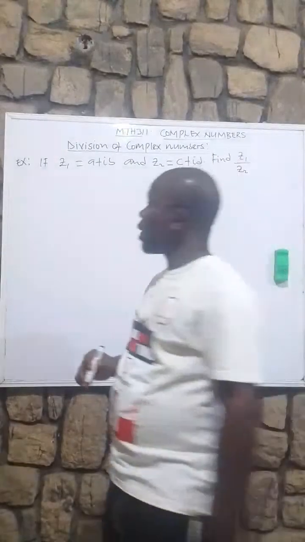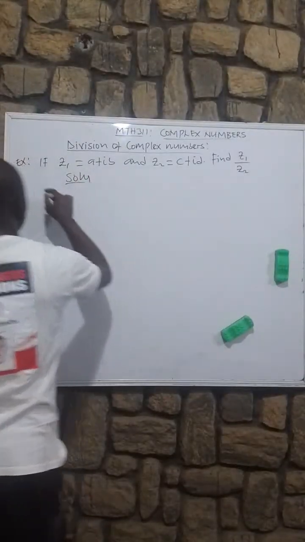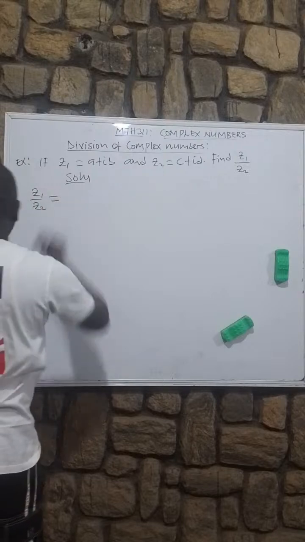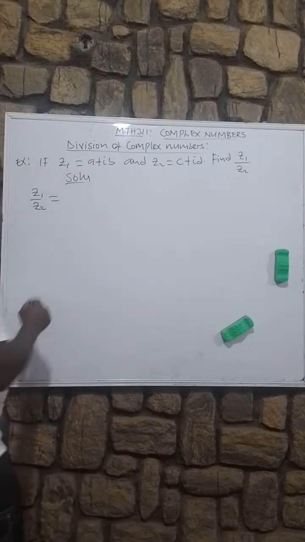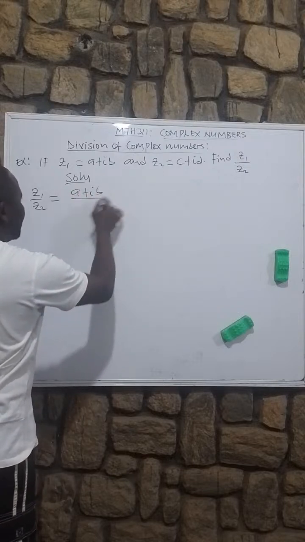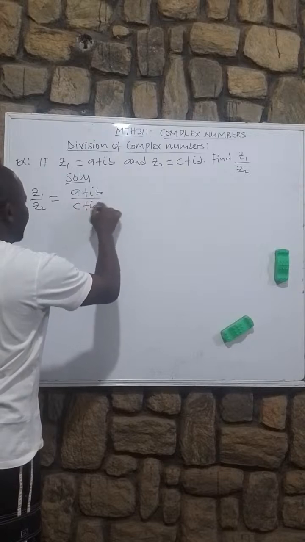Okay, so let's look at it together. Z1 all over Z2 will now be equal to a plus ib all over c plus id.